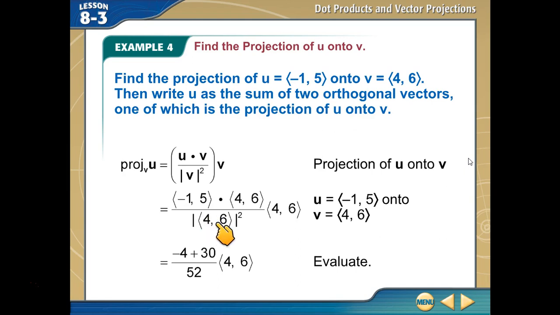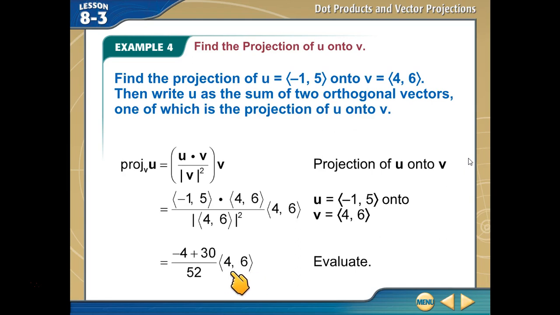Okay, so we make sure that we get the order correct. When we do the projection of u onto v, we do the magnitude of v. And so what we have here is we take 4 squared plus 6 squared, take the square root, and we get 52. So this becomes our scalar value, and then we multiply that times vector v, which is what we have here.